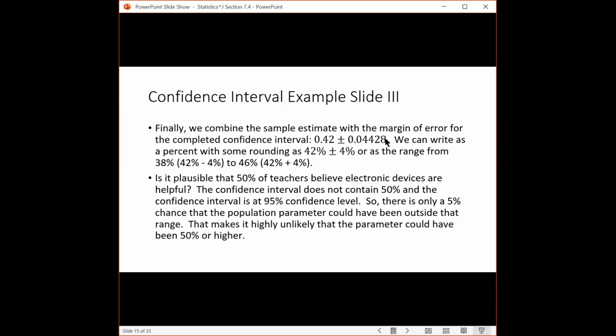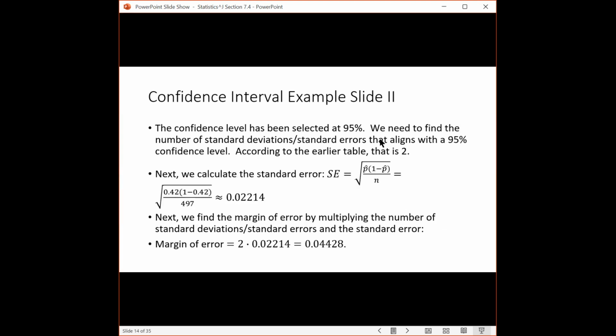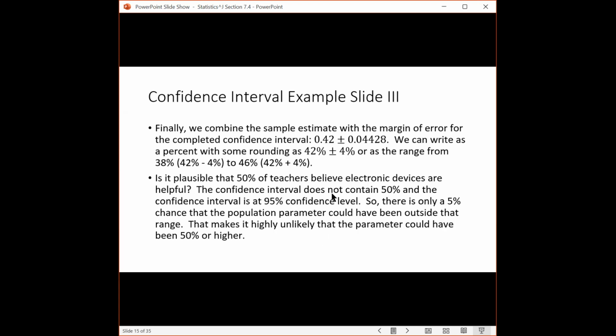That's it. So step by step: start off with a confidence level, use that to find the number of standard deviations, find the standard error, multiply the two to get your margin of error, then add or subtract it from the sample estimate.